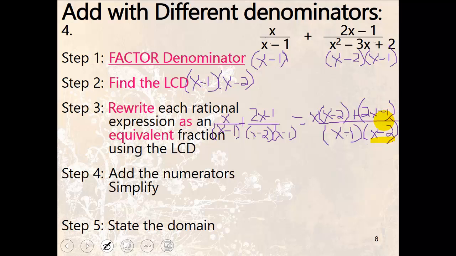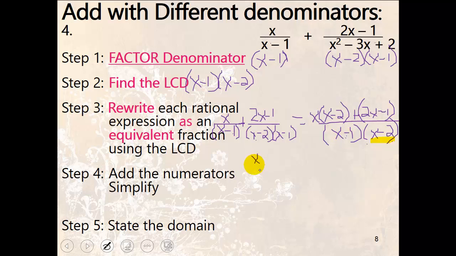And now look, this denominator has an x minus 2, so does this one, so I don't need to worry about that. It has an x minus 1, so does this one. So I don't need to multiply this numerator by anything. It already has the least common denominator. So now I'm just going to distribute and then simplify my numerator.